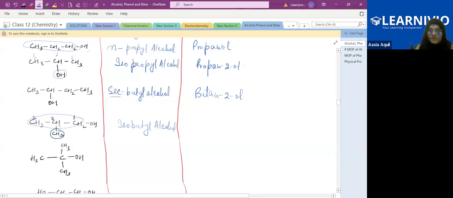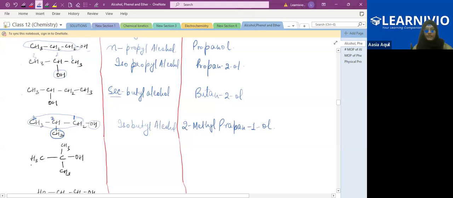This is CH3, a methyl group, which is attached to the second position. So you will write 2-methyl. Now write down the parent chain. It's propane, 1-ol. You have to write down the hydroxyl group location where it is present. So it's 1-ol. Okay, that's the IUPAC name.